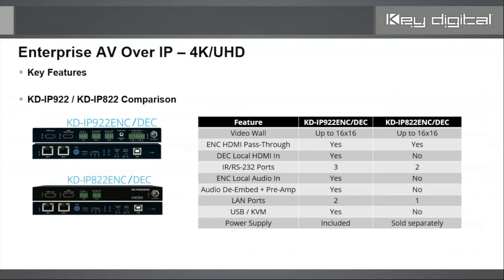You could still build video walls up to 16 by 16. There's no local input on the decoder. You have a 2-port control system built in, or 2 control ports for your third-party control system. There is no audio de-embed. There's just a single LAN port, and there's no USB.